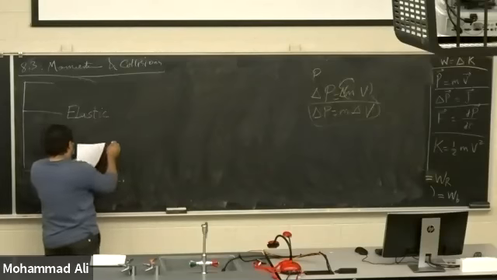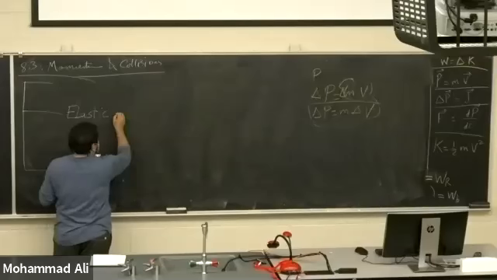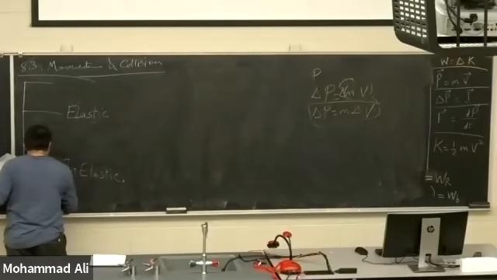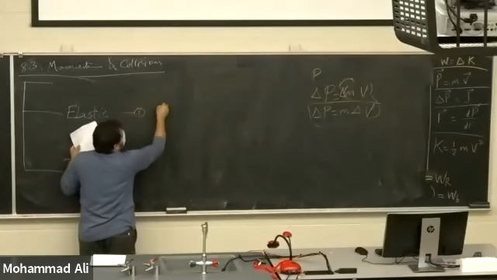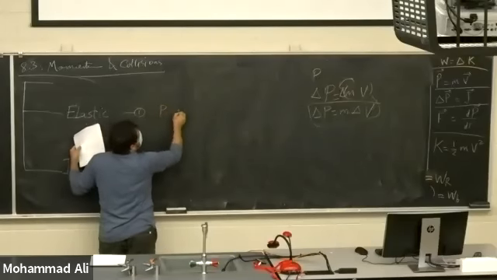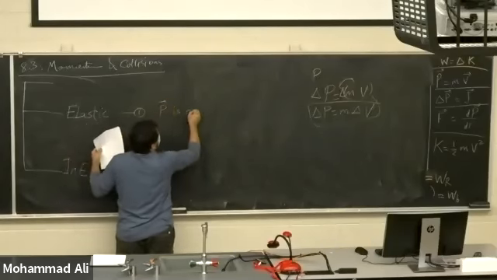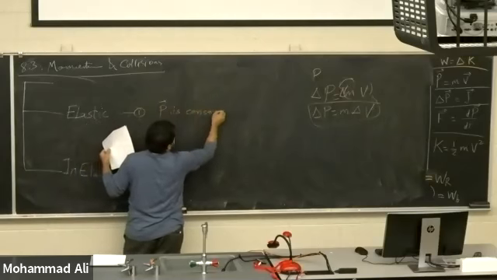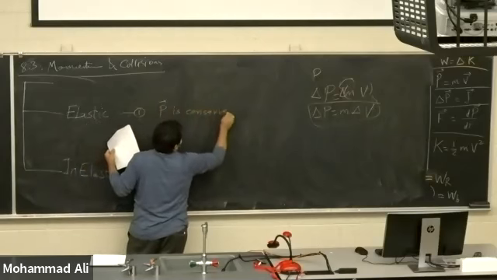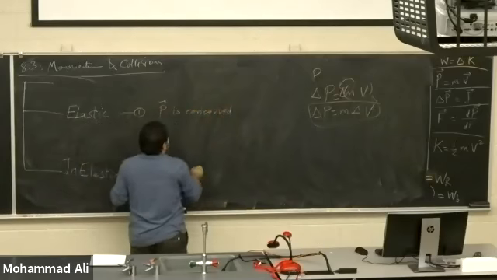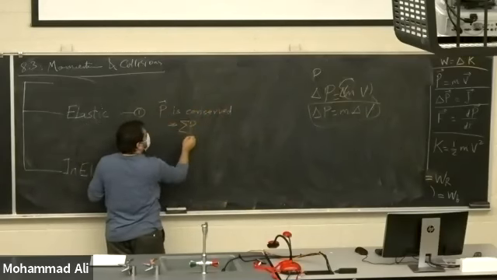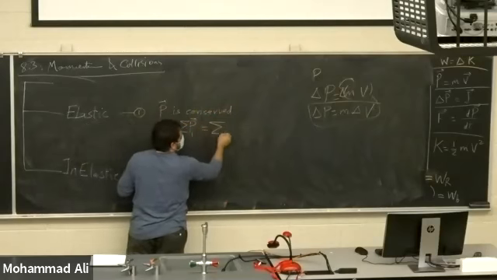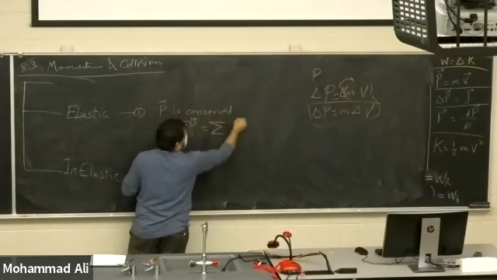So in elastic collisions, the momentum is conserved. That means P, the total momentum before the collision, is equal to the total momentum after the collision.